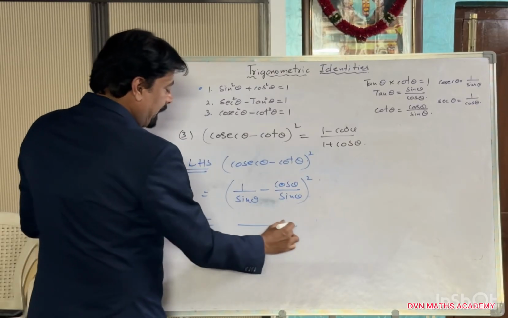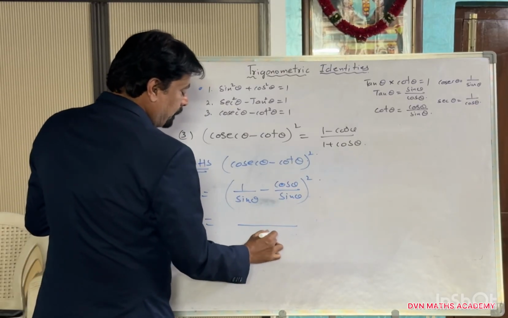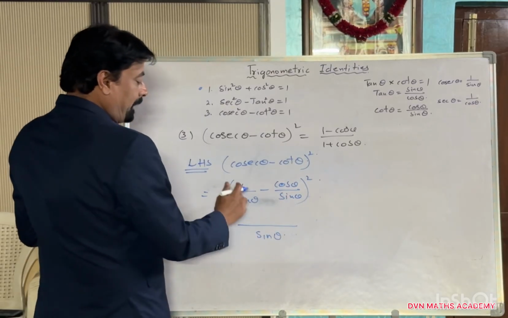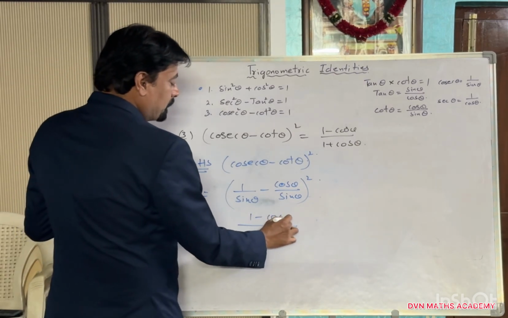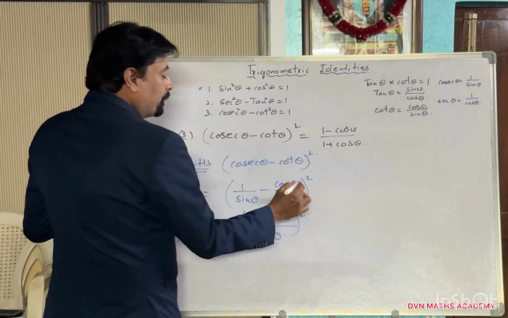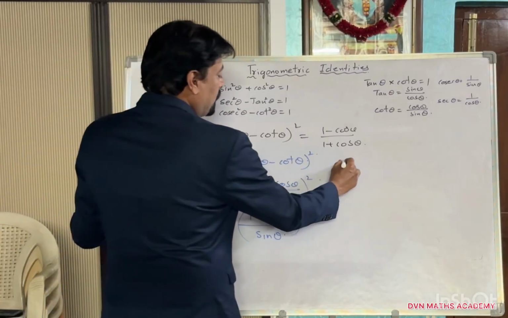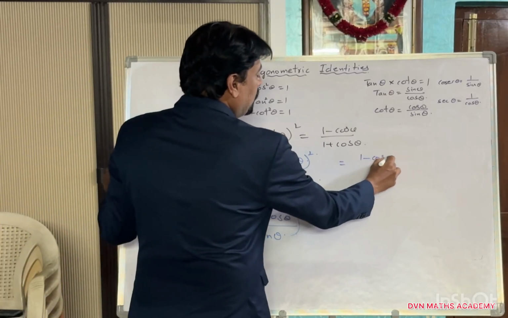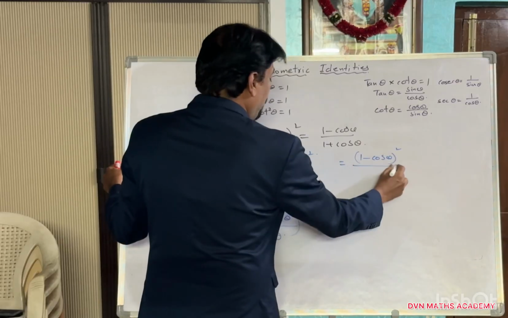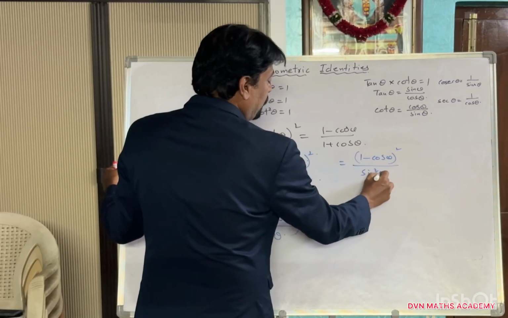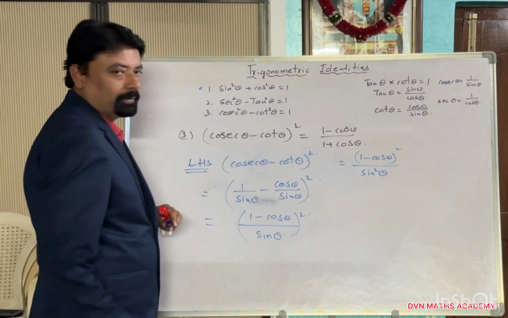Here, if I go for the LCM sin theta, it is nothing but (1 minus cos theta) whole square. If you write the square for the numerator and denominator, it becomes (1 minus cos theta) whole square by sin square theta. Up to here, I think there is no doubt.